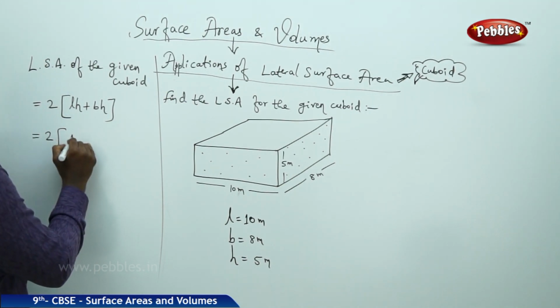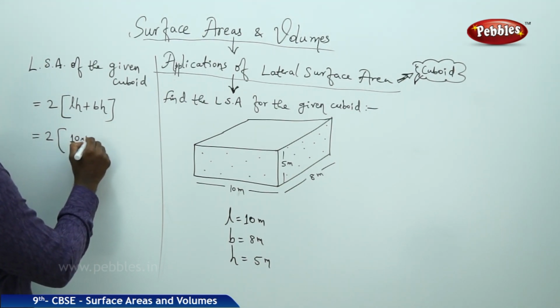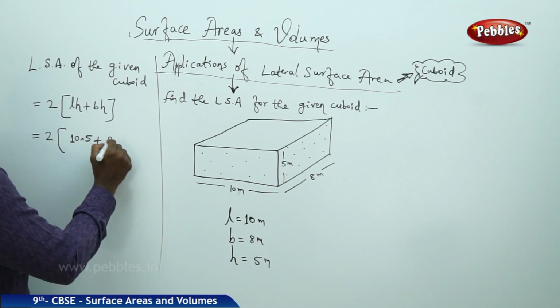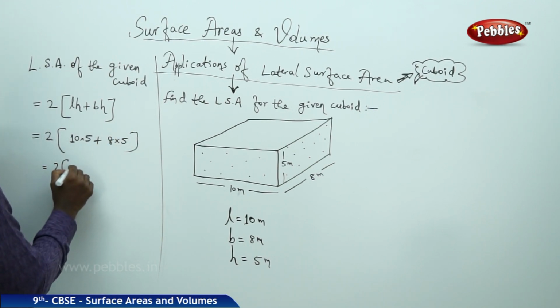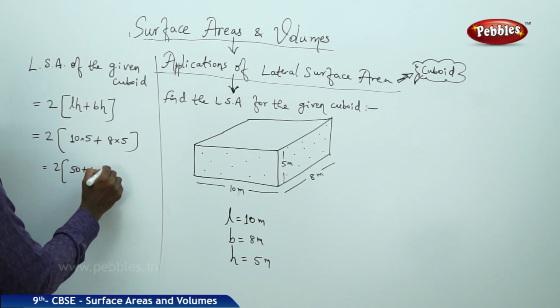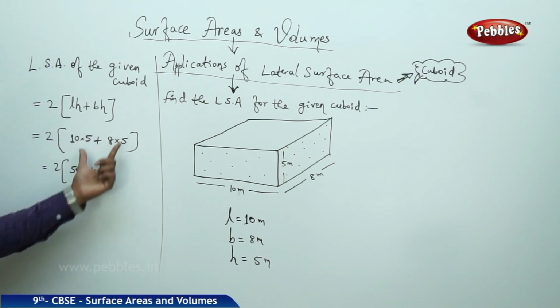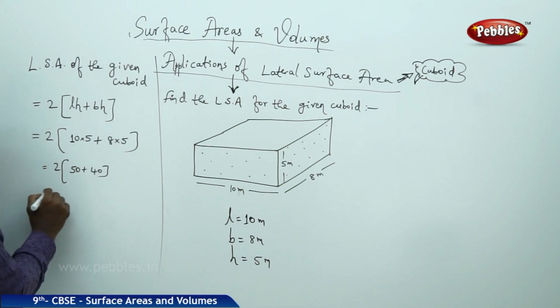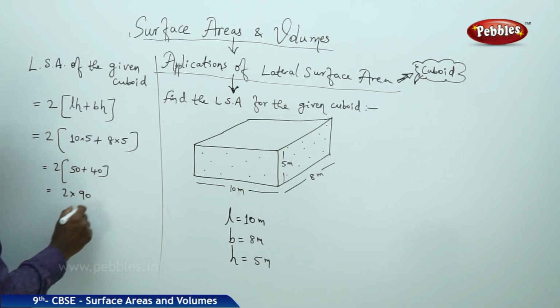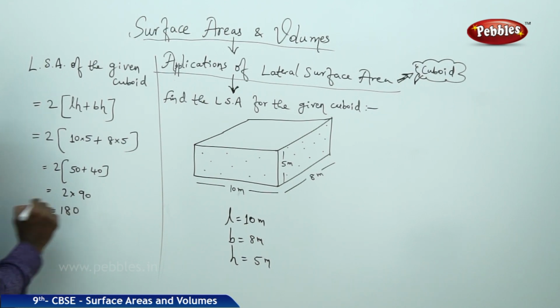LH plus BH, and then 2 times 90, which is 180. Therefore, the lateral surface area of the given cuboid is 180.